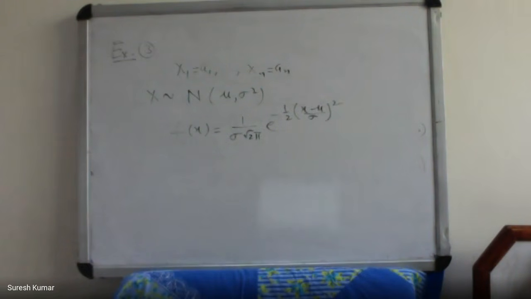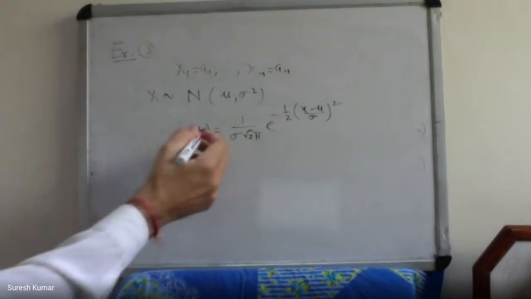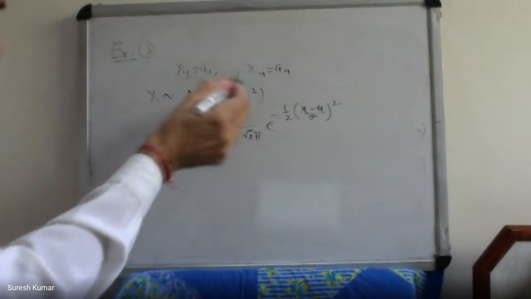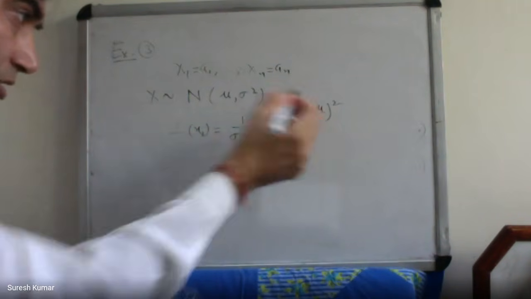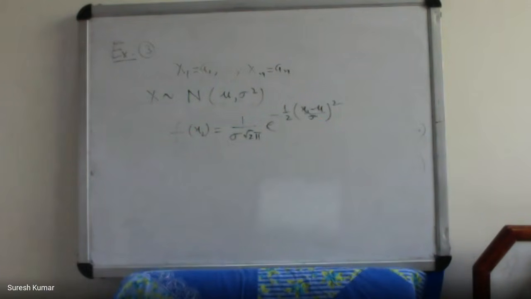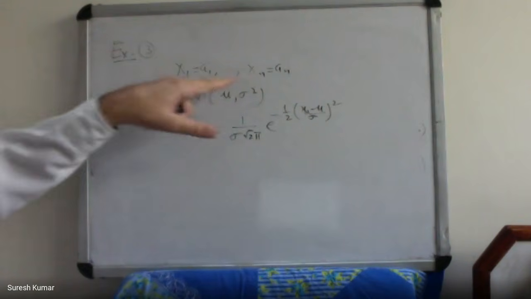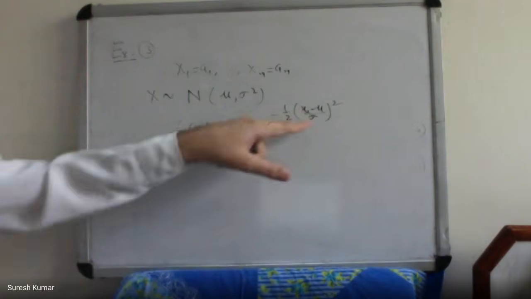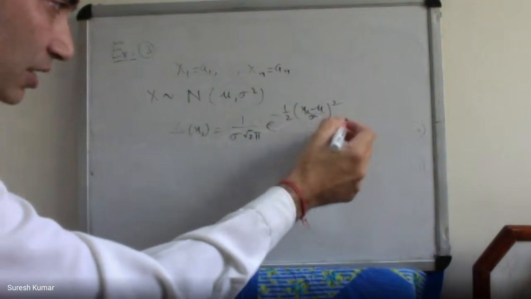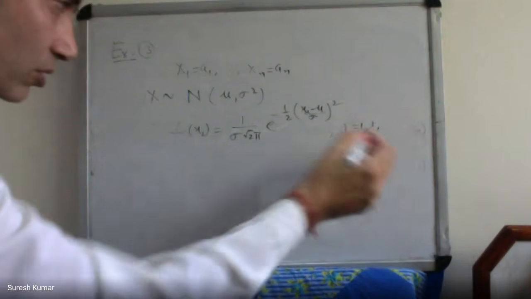So what is the density for say x1, x2 and so on xn? In general for xi it is this. So what is the joint density of these independent random variables x1 to xn? Just multiply these n densities.